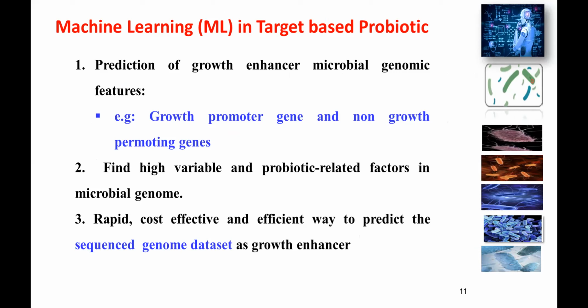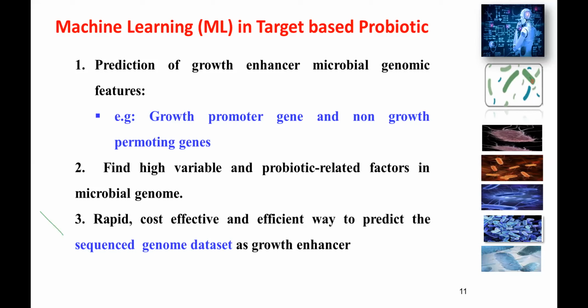If your target is to improve milk production in animals, or to control colon cancer in humans, you have to be very specific in selecting your target. By using machine learning, if your target is growth, you can easily identify the growth-promoting genes and the non-growth-promoting genes in your computer data set.